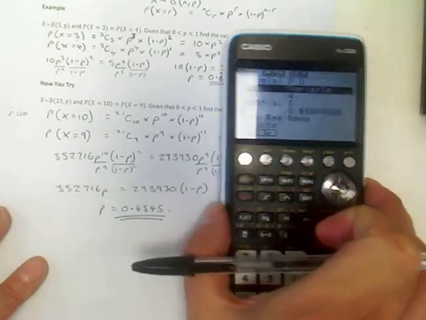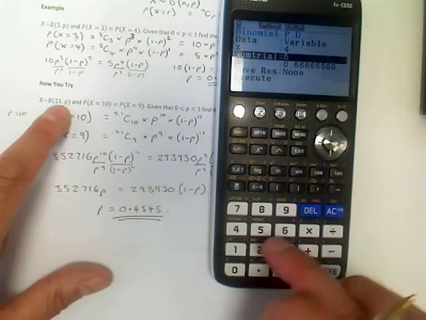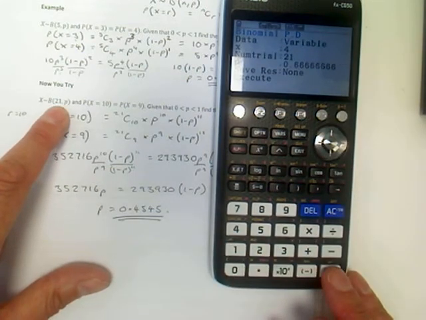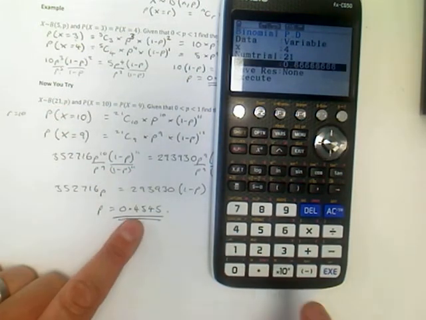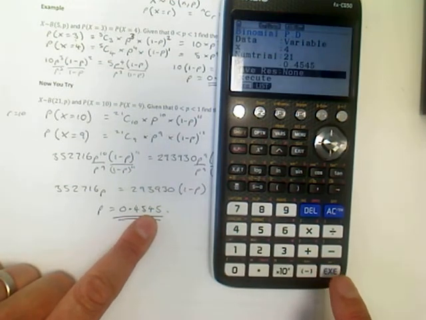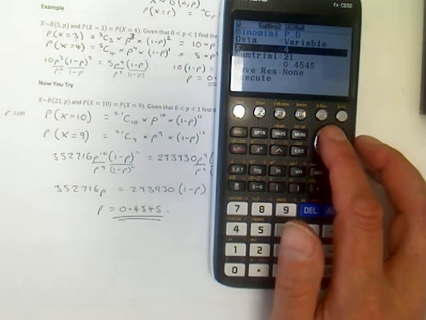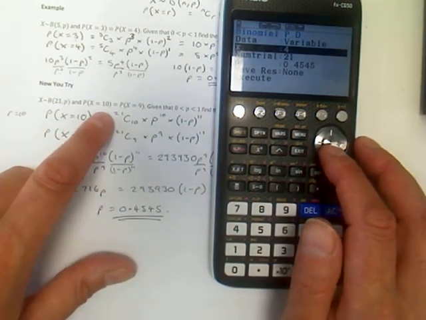I'm going to go to my distribution, my binomial, and BPD. I'm going to set my number of trials to be 21 in this case. I'm going to set my probability to what I've worked out as the answer. I could go to more decimal places if I needed to, but that should be good enough for this check.